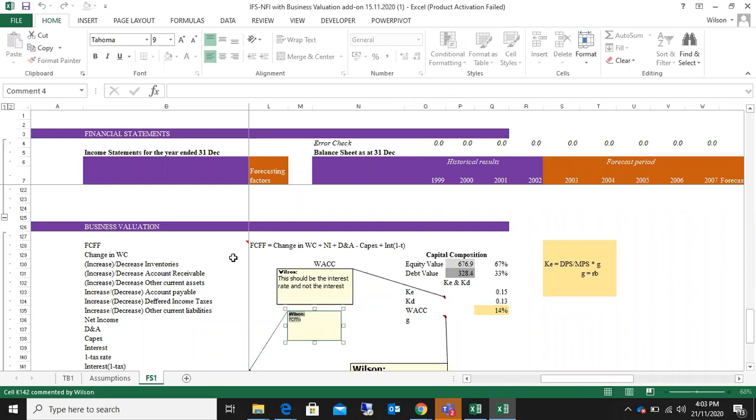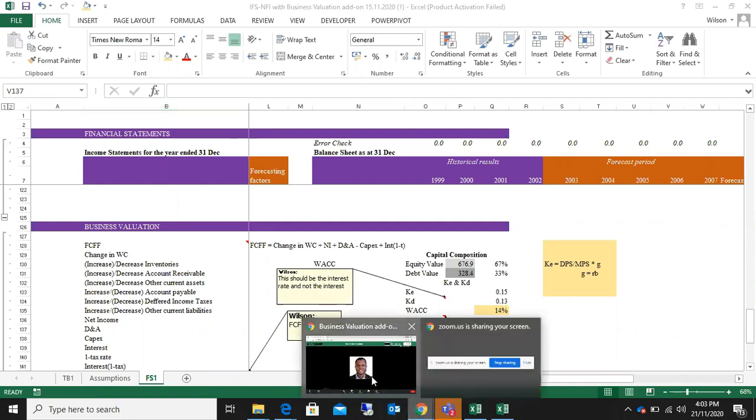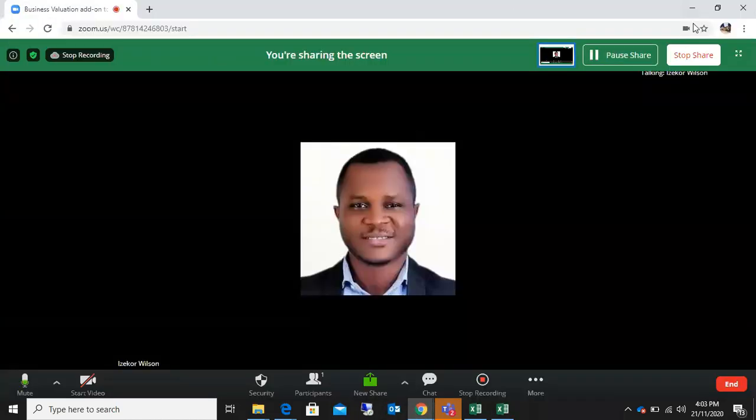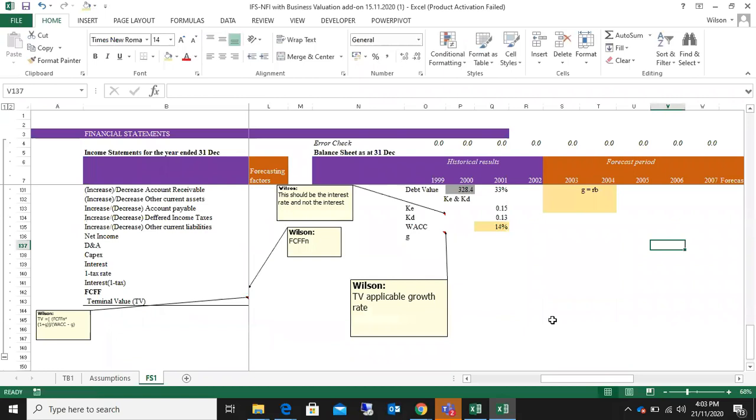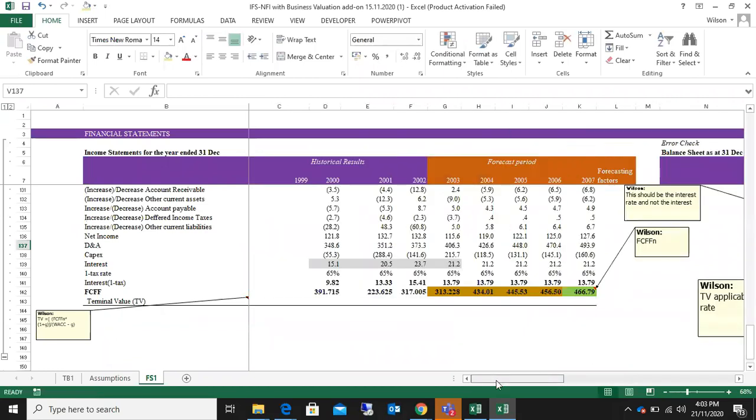I want to bold all this. So the G is the TV applicable growth rate.